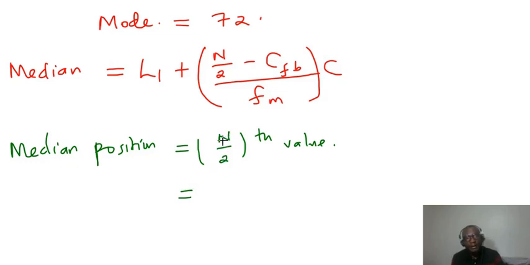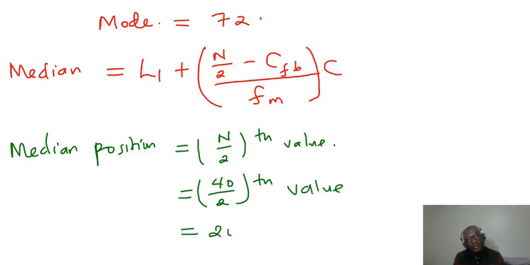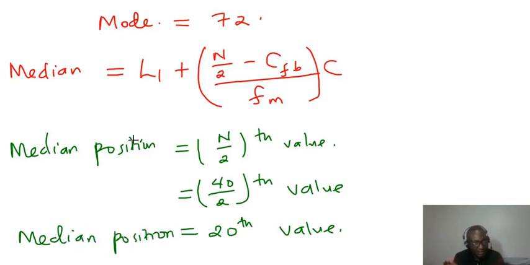Our capital N is equal to summation F, which is 40, all over 2, which gives us the 20th value. So this is the median position. Now, the median position is not the median. It helps us to find the median.